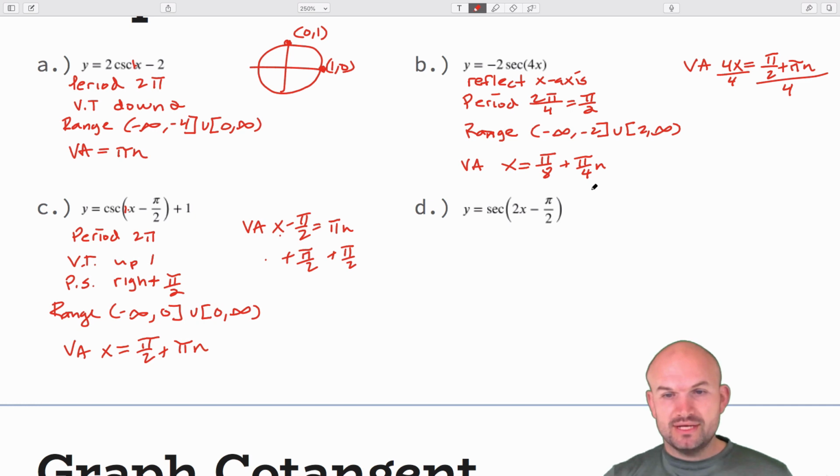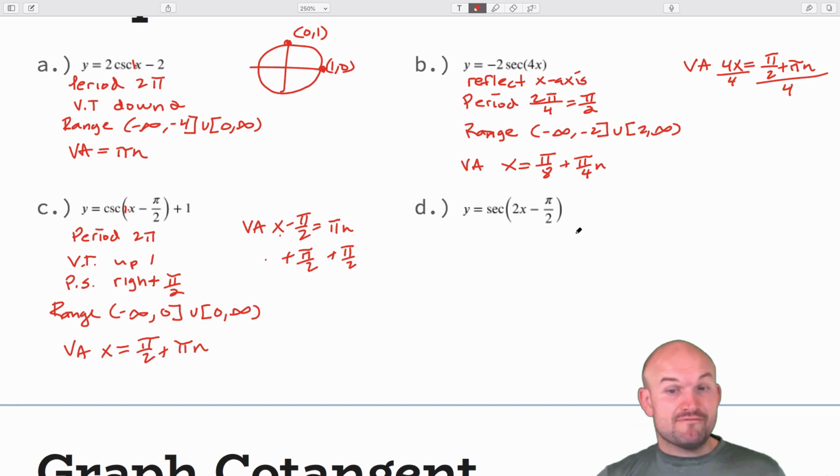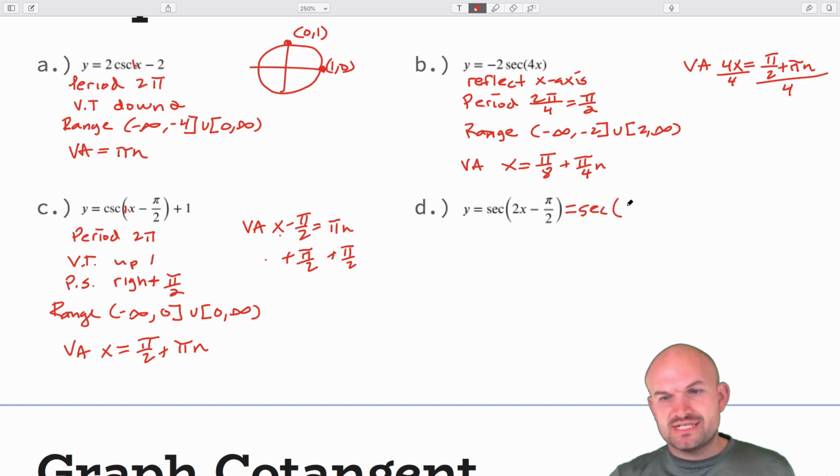All right, last one. In this case, we have a b, but it's not factored out. So the first thing we want to do is factor it out. Remember, factoring out a 2 is like dividing both terms by 2, which is the same thing as multiplying by 1/2. Sometimes explaining it that way helps students understand that when you factor out a 2, you get x minus pi over 4.